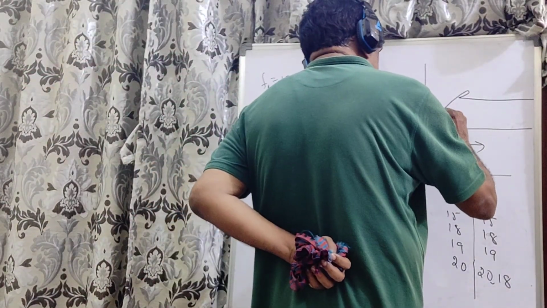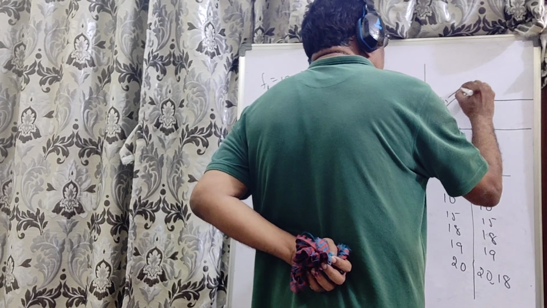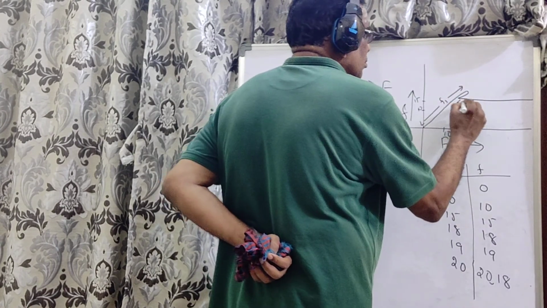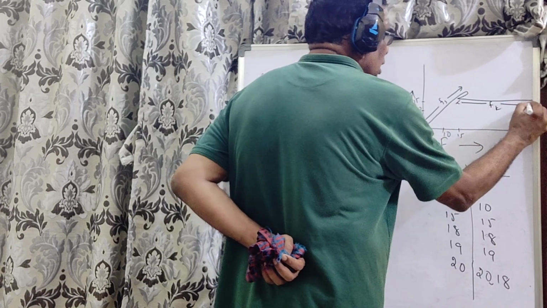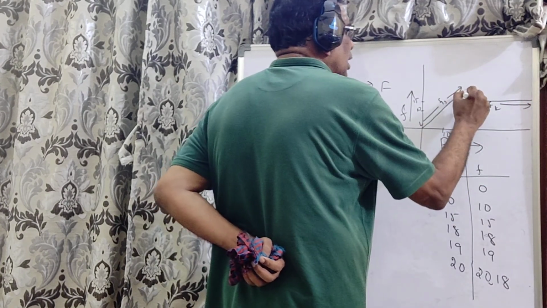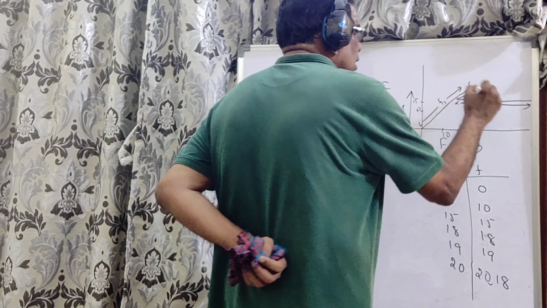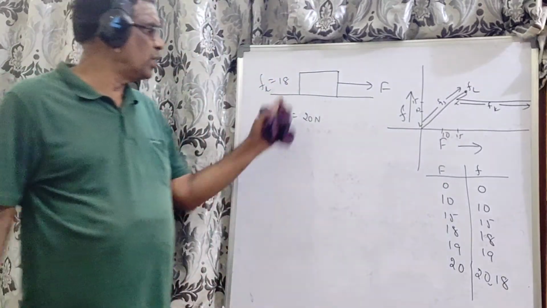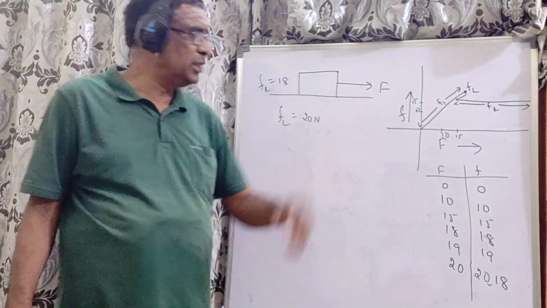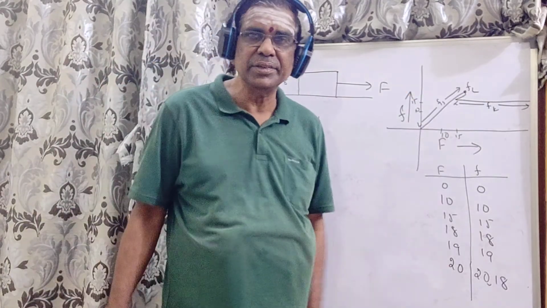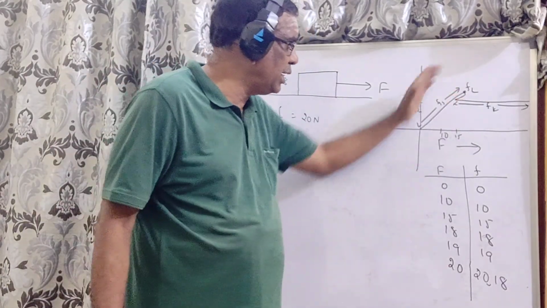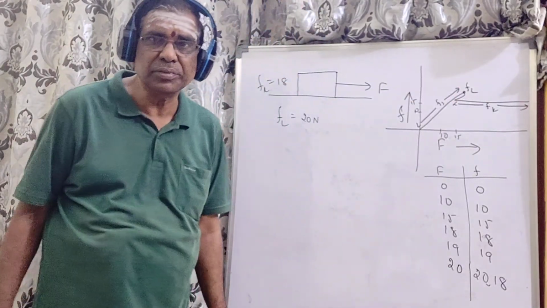So, this is Fs. This is Fk. And this is Fl. For a simple case, I'm trying to show you will get a kink. You will get a kink here and then go. Okay?